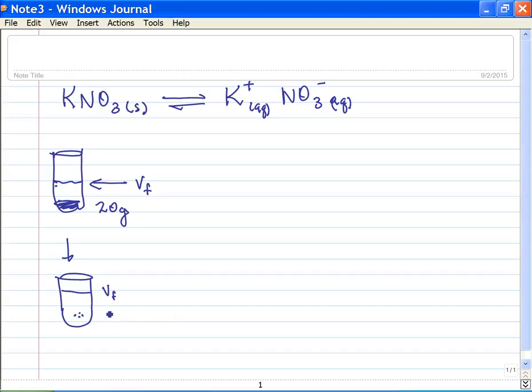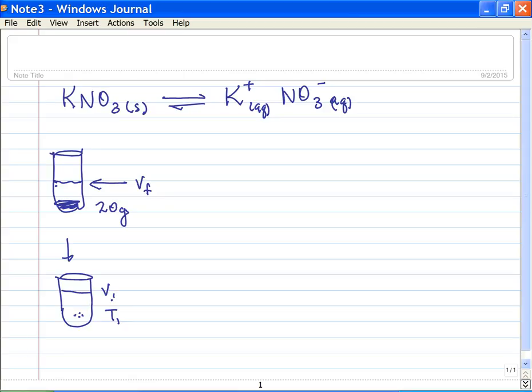Okay, so at that temperature, we will record it. We record the temperature at that moment when we start to see crystals form for the first time. Okay, so you got your initial volume and your initial temperature. So that's all the data that you would have been collecting yesterday.